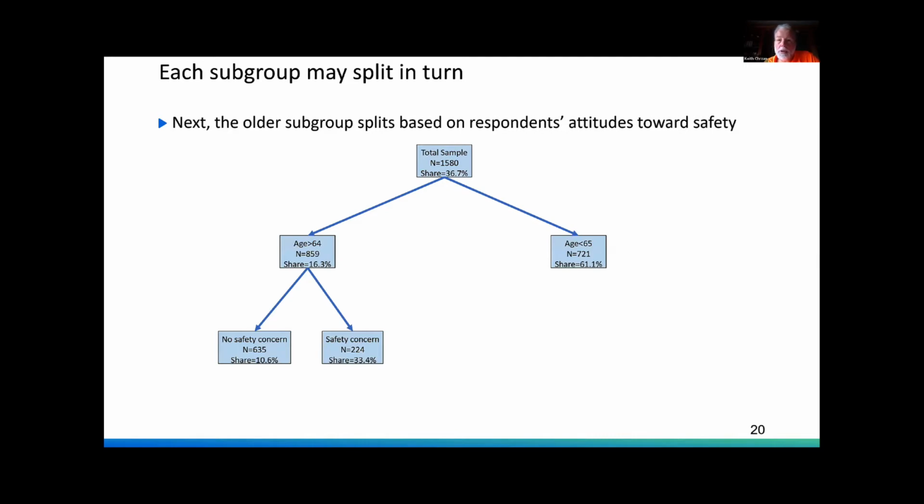And we see that among those people, only about 10% want to buy the service that we're going to be offering for their product. If they're over 64 and they have some concerns about the safety of their product, then about a third of them are interested in acquiring the service that accompanies the product.